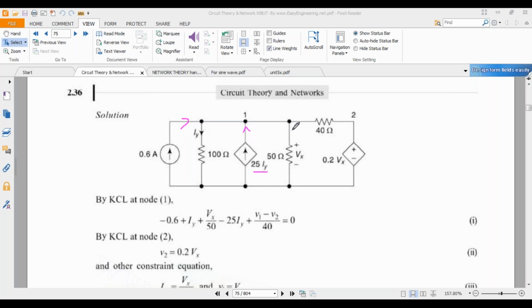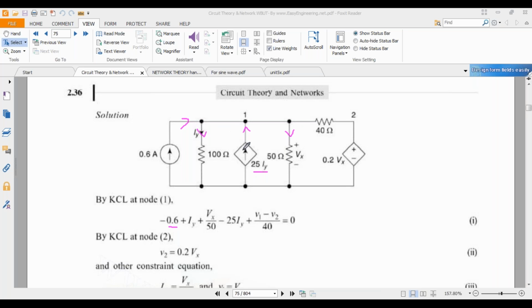And these currents can also be assumed. Now if you observe the writing of these equations here, minus 0.6 an incoming current, and Iy an outgoing current, Vx by 50, where this is an outgoing current that has been assumed.